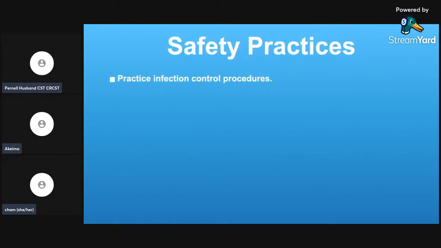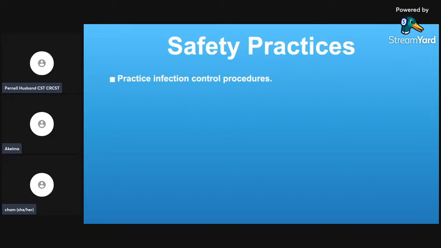Safety practices. The central supply, central sterile environment. There's a lot going on, a lot of equipment, a lot of heat. We use steam sterilization among other types. There's a lot of water that is used. There's a lot of heavy instruments. There's carts. Safety is critically important.